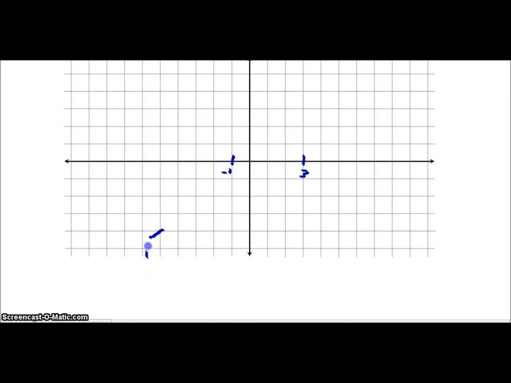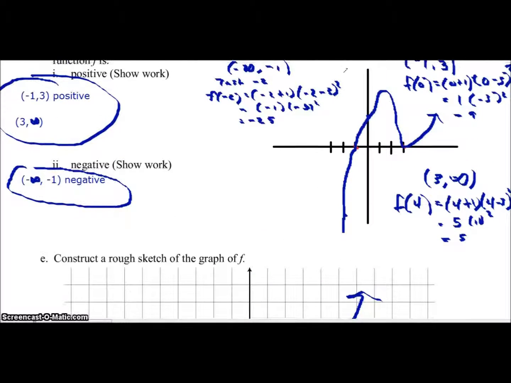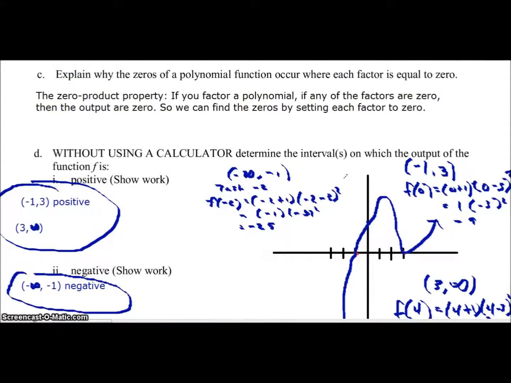So we're negative, we have to be increasing up to this point, negative 1, but then we're positive, and then we come down and we're positive again. So maybe it looks like that, maybe it looks a little bit different.